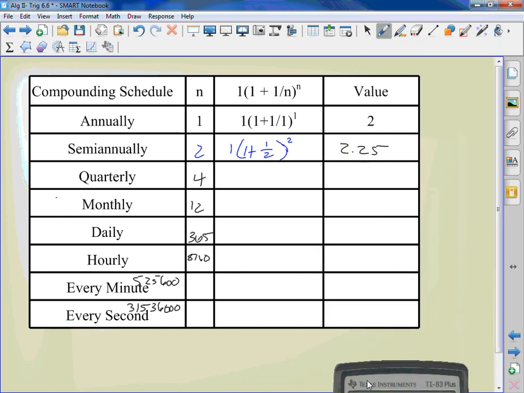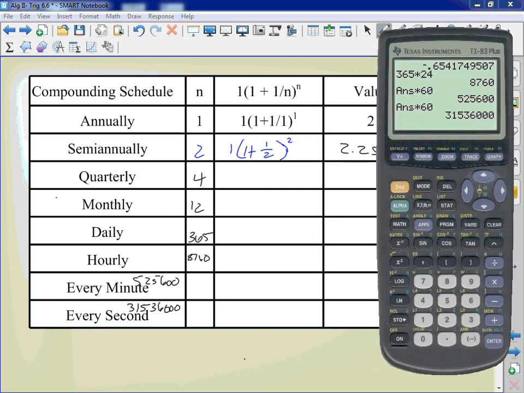Okay, so I want you to find out what the value is for each one. On this, the first one, I have 1 times 1 plus 1/4 to the 4th power, which gets me 2.44.